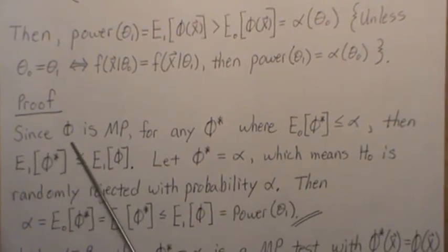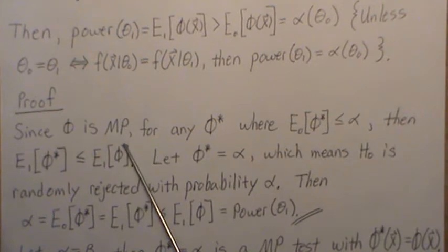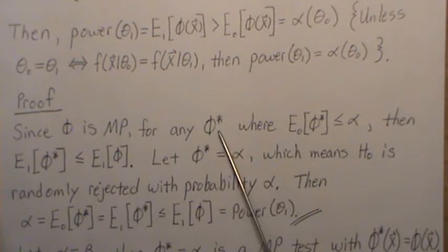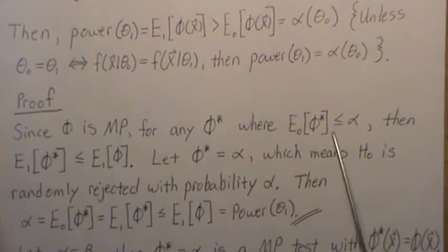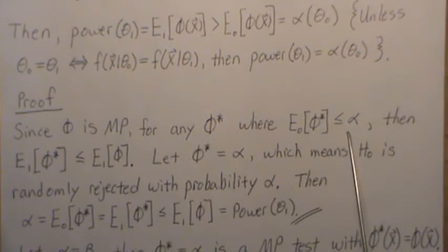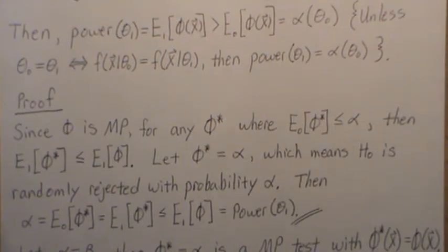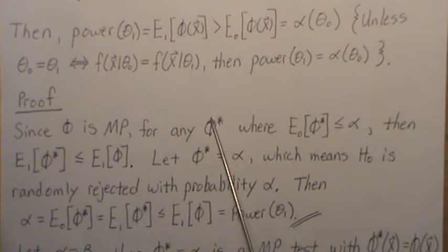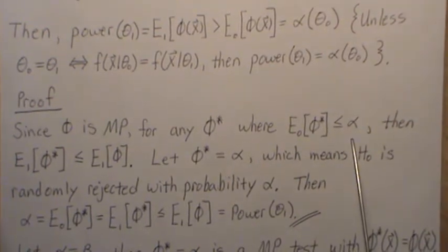Now, since phi is the most powerful test, for any phi star, so some other test where the size is less than or equal to alpha, then we know that the power under the Neyman-Pearson test is always greater than or equal to the power for any other test that has this alpha level or less. We prove that in probably the first or second video in this playlist. So let's create a test that has size alpha.